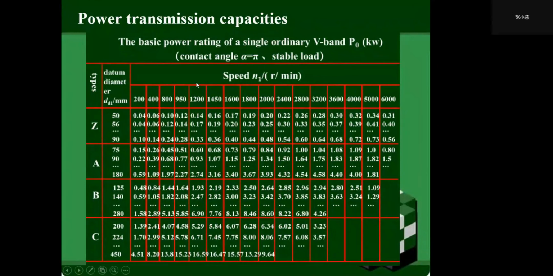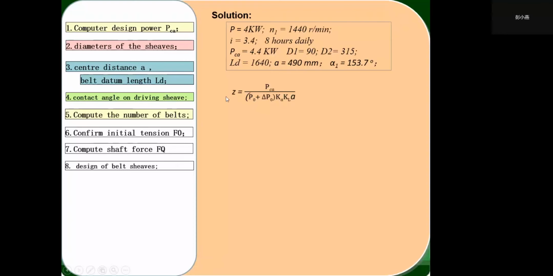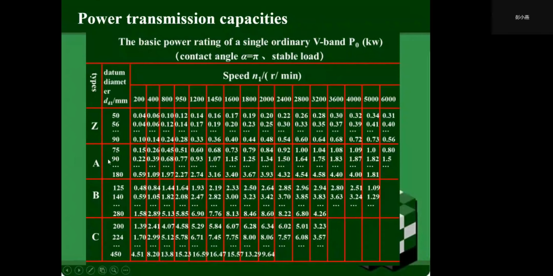And this is the table for the standard P0. And this is A type weight belt, okay? A type. And the diameter D1, we select D1 is 90, okay? Is 90. And then we choose a value when the speed N1 is 1,440.